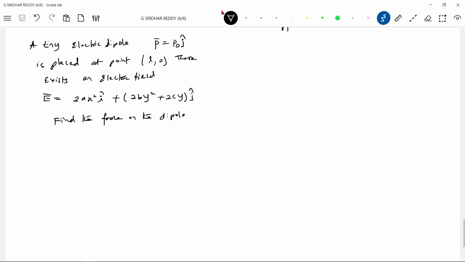Earlier we were calculating the field. So now we'll look at whether the field is uniform or non-uniform. Non-uniform. So we'll directly take some method before solving such numericals. What we have is U equal to minus P bar dot E bar.